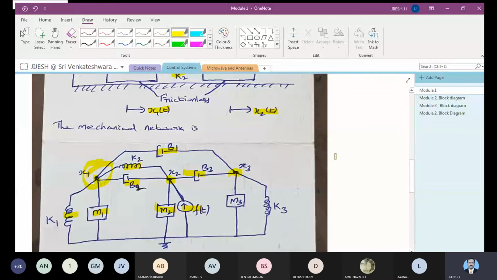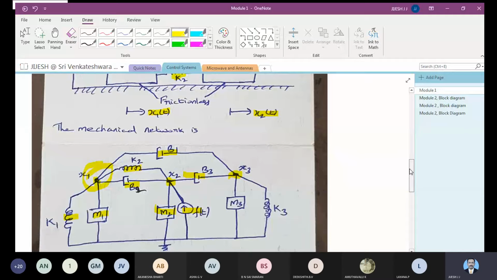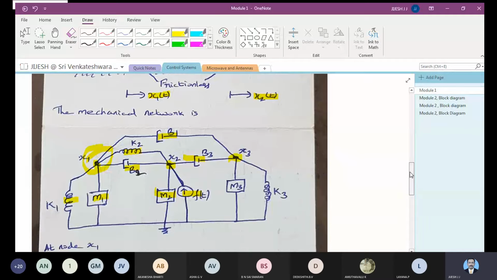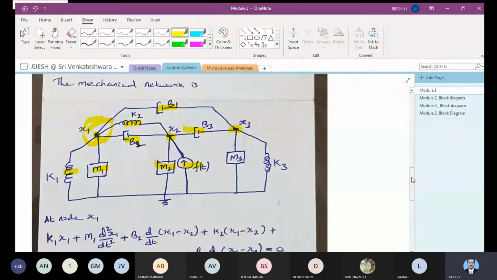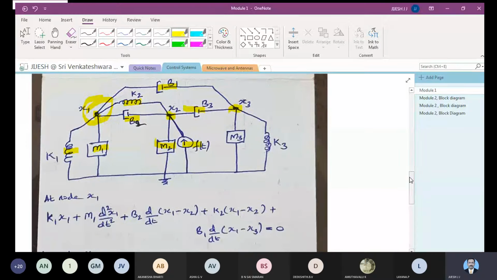Further, what we were asked to do is to write the equations. As you have already done quite a lot of equations, it is very easy for you to write it. Let us see, if you are taking node x1, what are the components here? K1 is there, M1 is there, B2 is there, K2 and B1 is there.